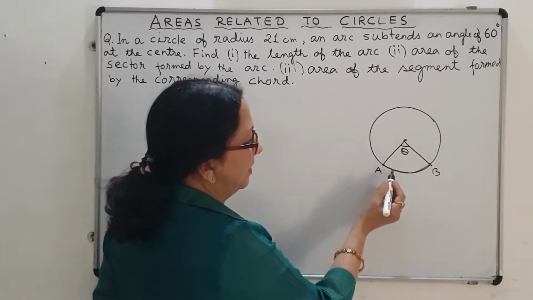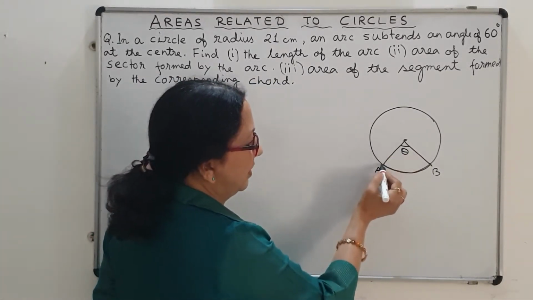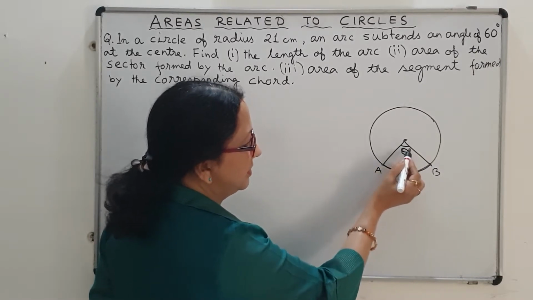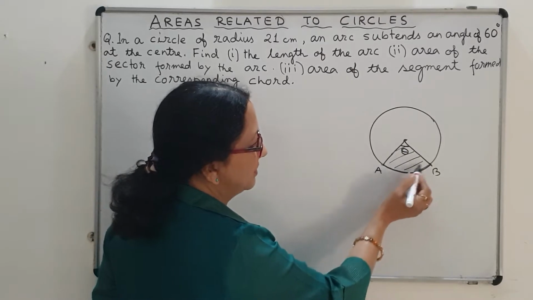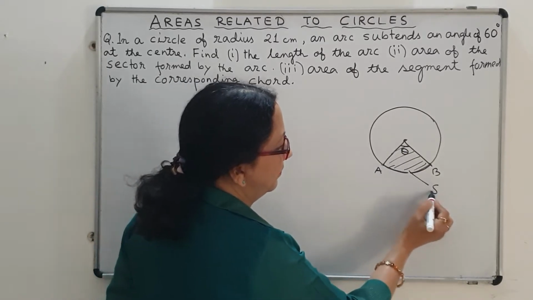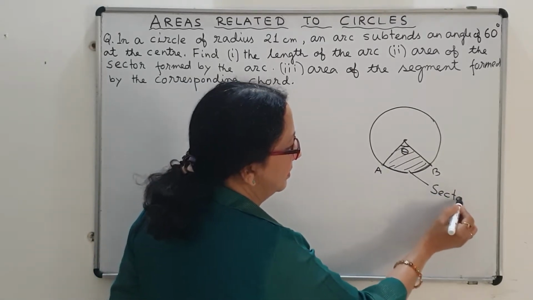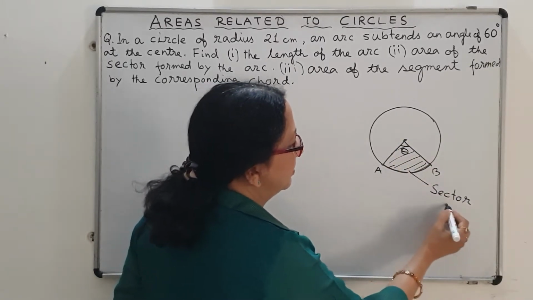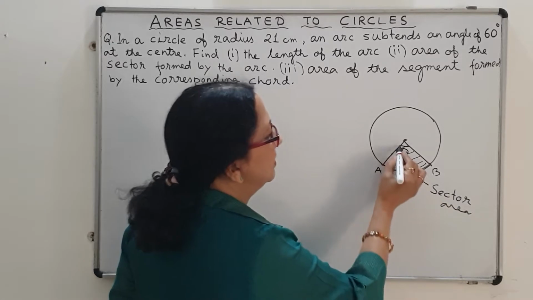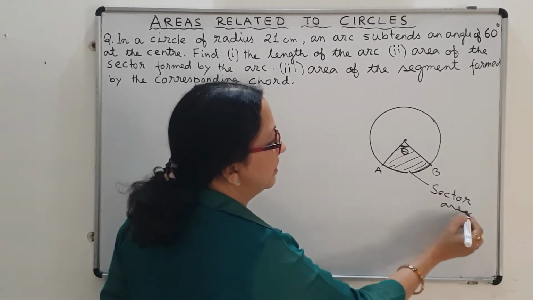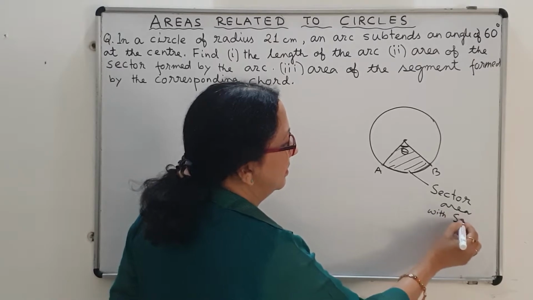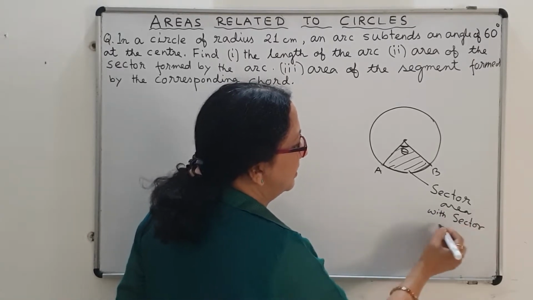Then the area between the two radii at the endpoints of the arc and the arc will be known as the sector area. This is a sector, and this angle theta will be known as the sector angle.